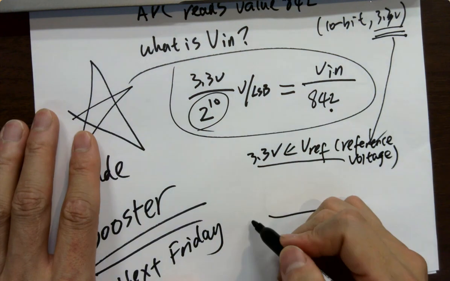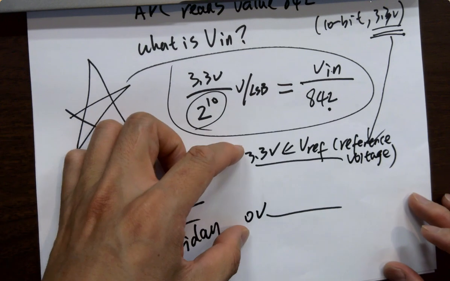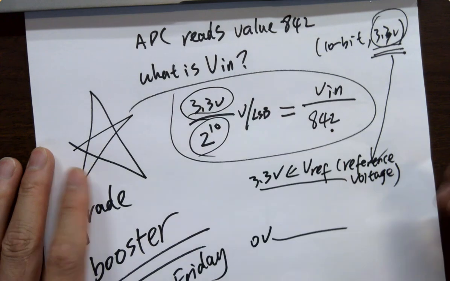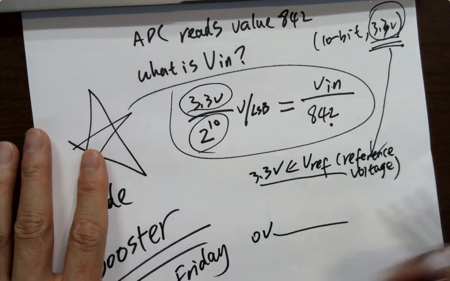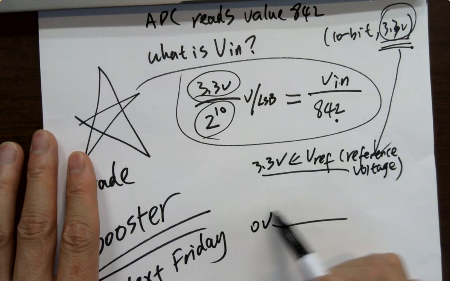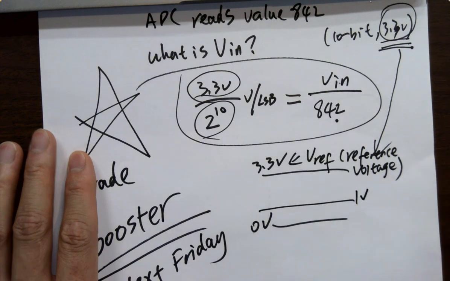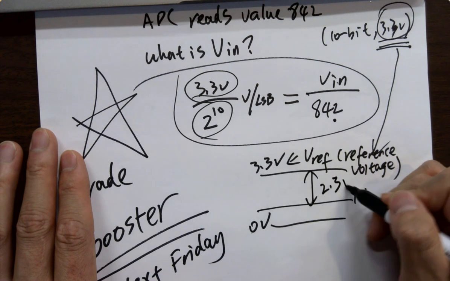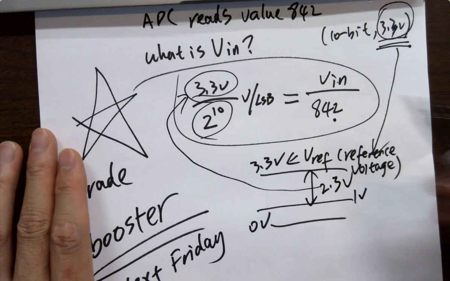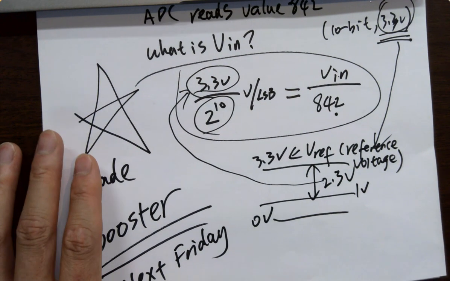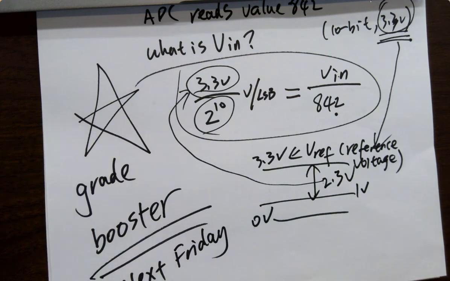If they tell you the range is from 0 volts to 3.3 volts, you directly use 3.3 volts here. If they tell you that you can put a register and control the lower range, so move it to 1 volt, so the total range becomes 2.3 volts at the reference. So you want to put 2.3 volts over here instead. Make sense? Okay.